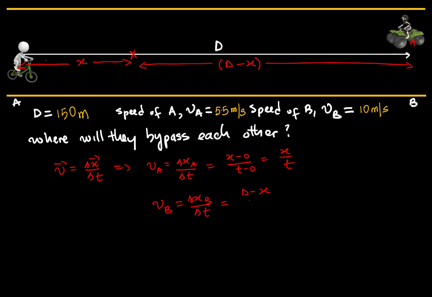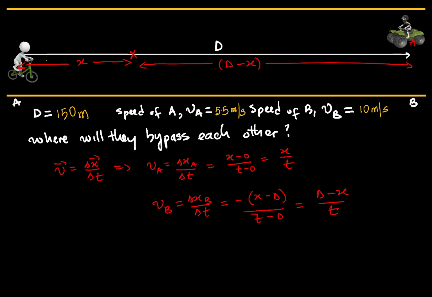Remember that B is moving to the left and A is moving to the right. So technically this is going to be negative bracket x minus d divided by t minus 0, which is going to be d minus x all divided by t.